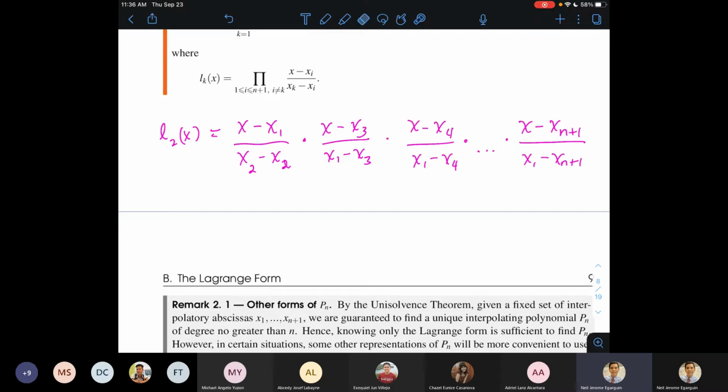Then the subtrahend is the only one that comes from the numerator. Right? So this subtrahend is the same in the numerator and in the denominator. Okay? So this will become x2, this will become x2, until you get that. And you will do this as k goes from 1 to n plus 1. So that every Lagrange basis polynomial is of degree n, you should have n factors. Okay? So I hope that's clearer right now.